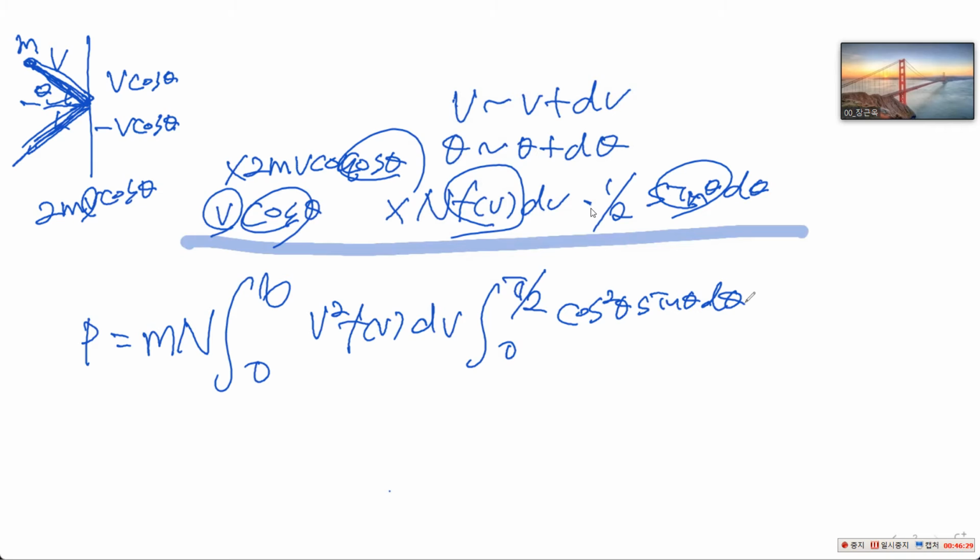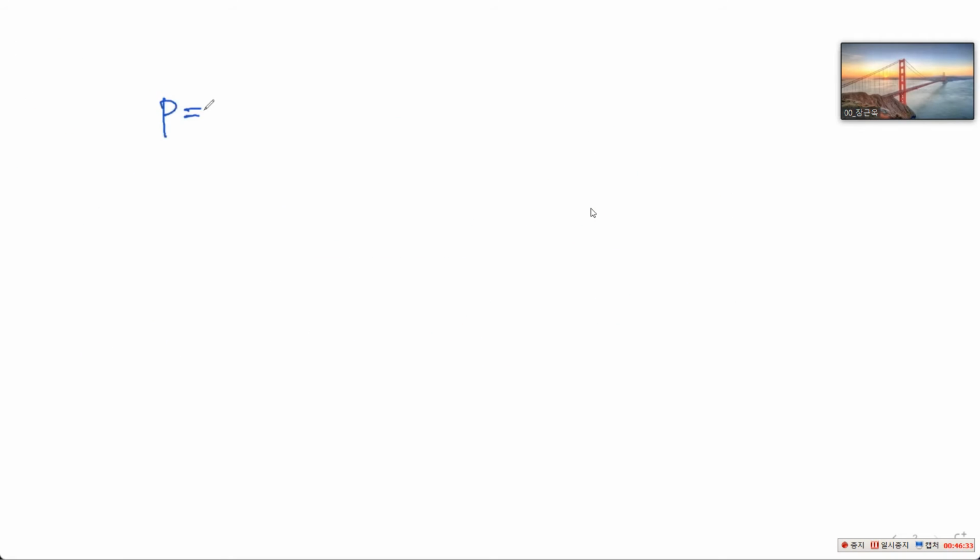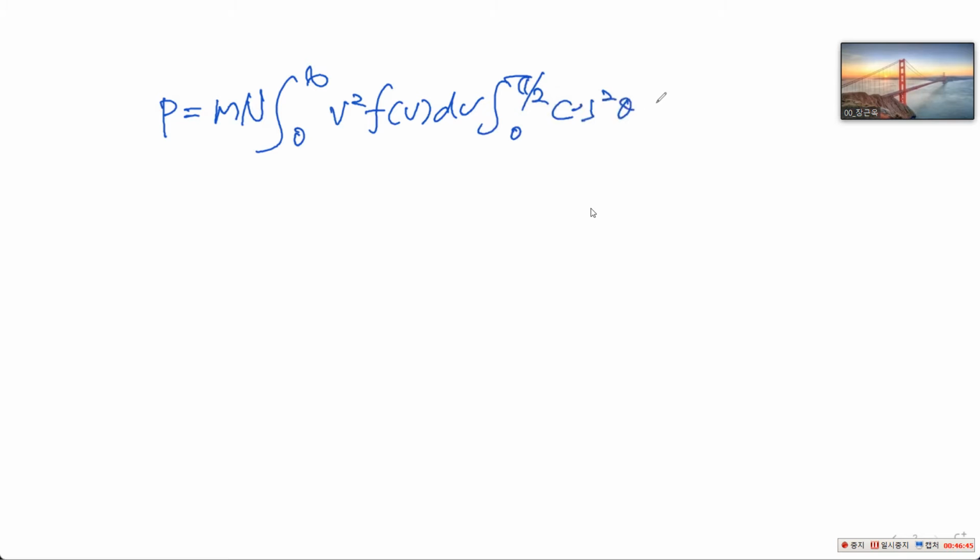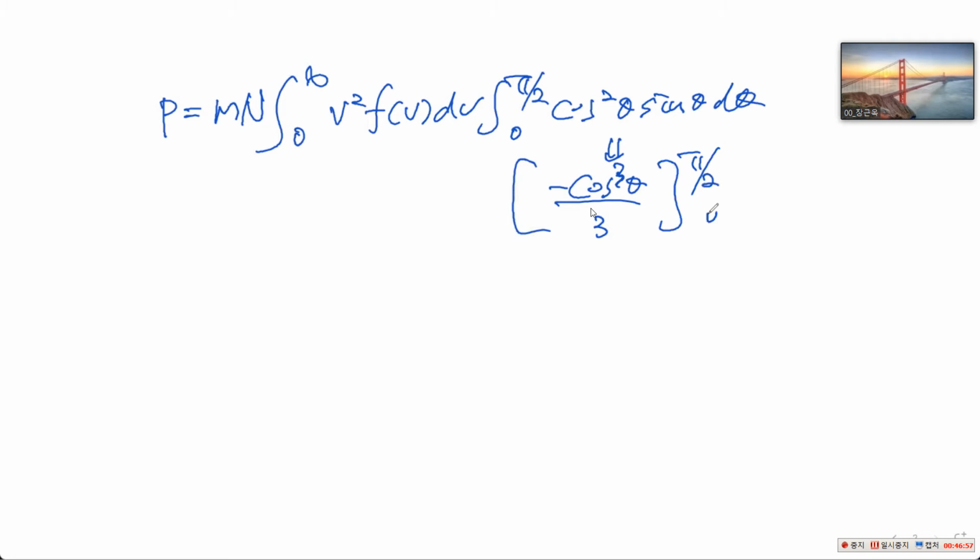Okay, so maybe I will summarize a little bit. Whose integration is cosine cubed over 3, evaluated from pi divided by 2 to 0.